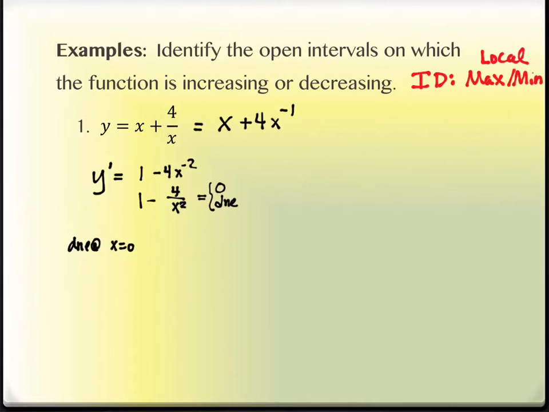So we need to merge these two pieces into a single fraction in order to decide where the numerator of the whole thing equals 0. So that's what we're going to do. We're going to create this as a single fraction, and we can do that by simply multiplying it by x squared over x squared. So this will become x squared minus 4 as my numerator, and x squared is my denominator.